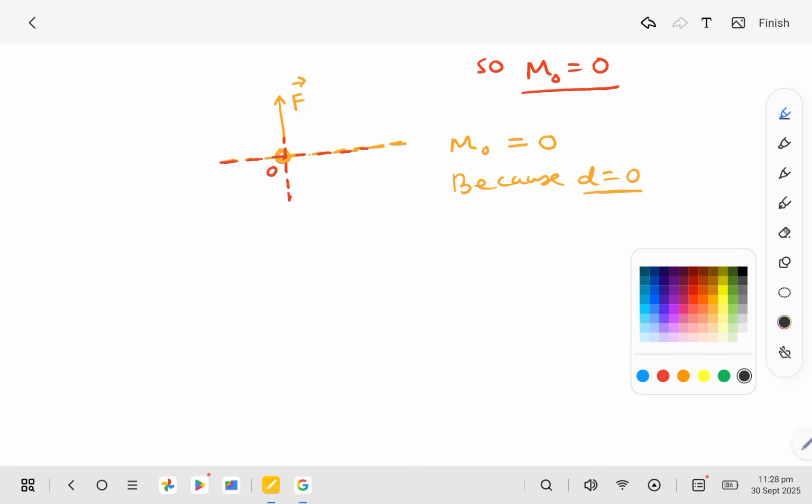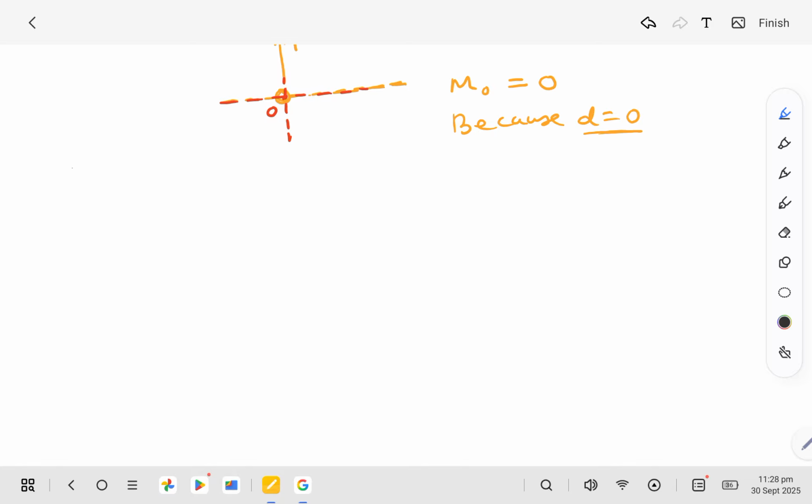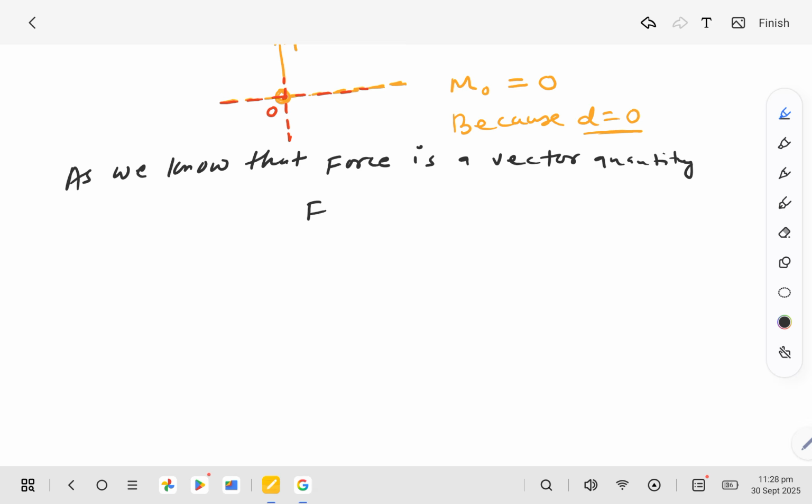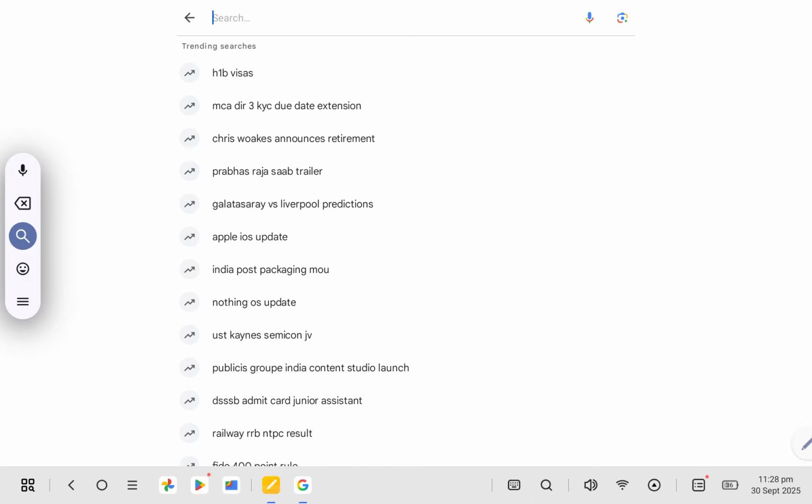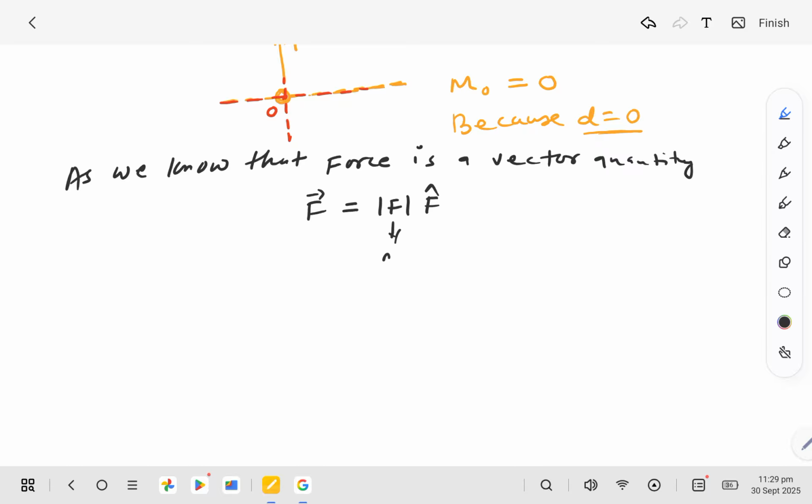So as we know that the force is a vector quantity. It means we write the force, and this is the magnitude, and this is the direction of the force.